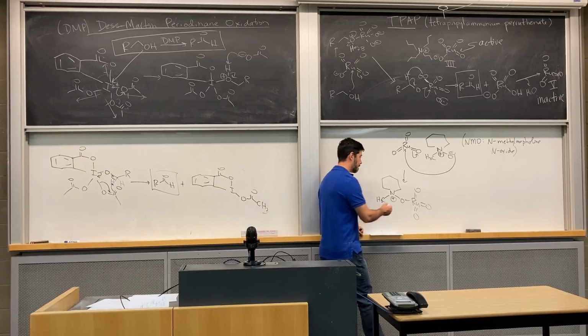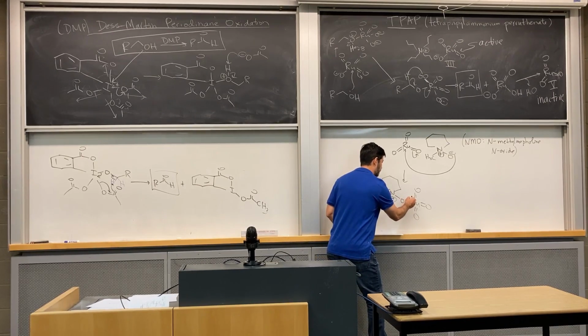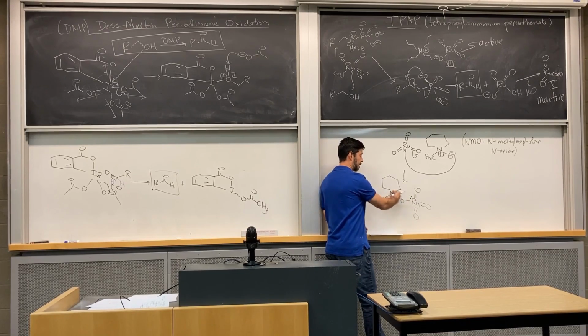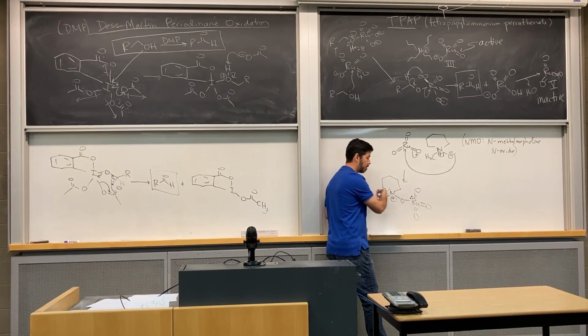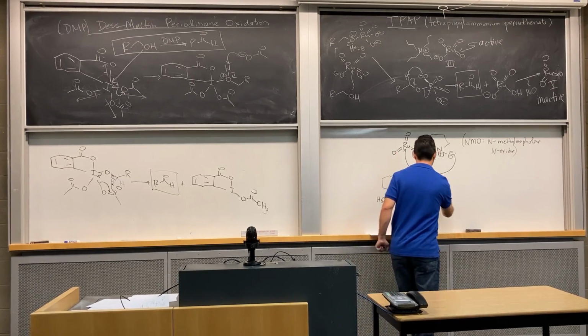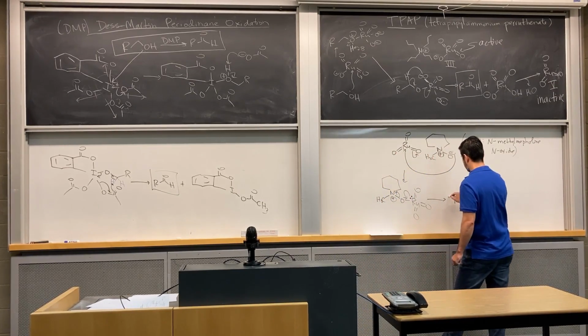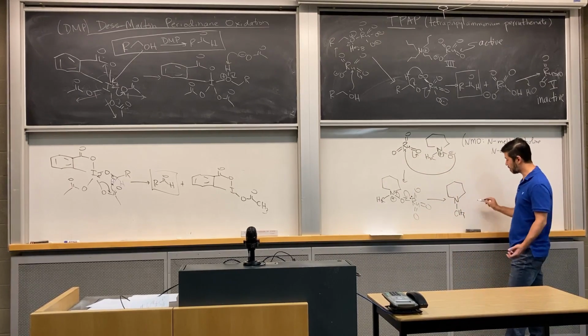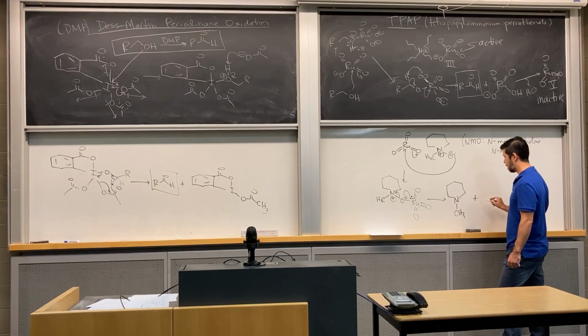Now, ruthenium has a number of electrons on its outer shell, and essentially what's happening is that electron density is being pulled away over here because of this NMO. So it's going to form a double bond here, and then it's going to break this oxygen-nitrogen bond. And you generate this compound, which is useless, but we don't really care about that.